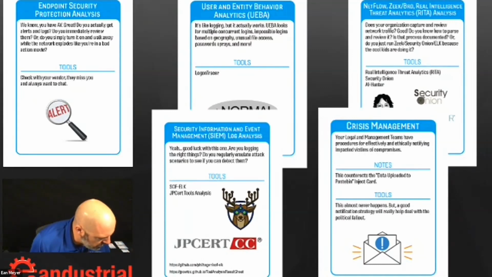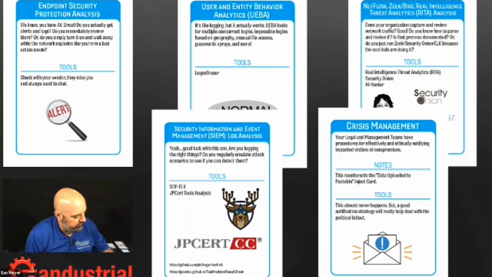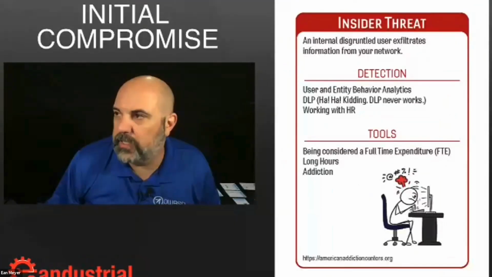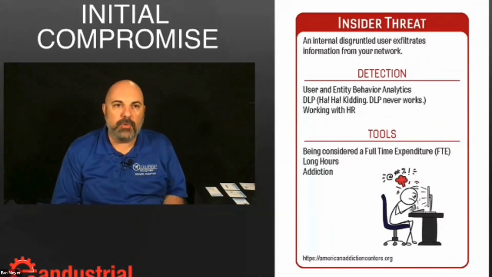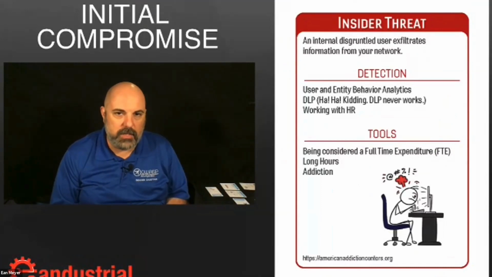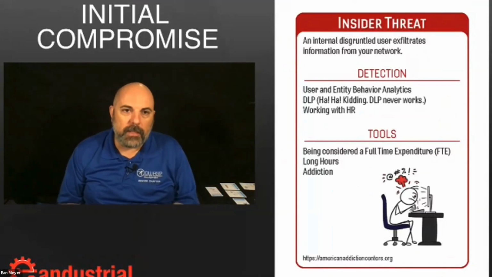Excellent. So, user and entity behavior analytics. Guess what? You found the initial compromise. And let's go through and take a look. The initial compromise was an insider threat. The call is coming from within the building. Called it. RIP Twitter.